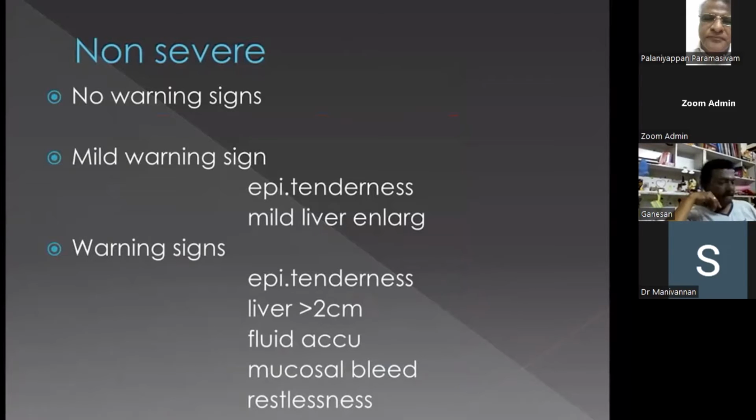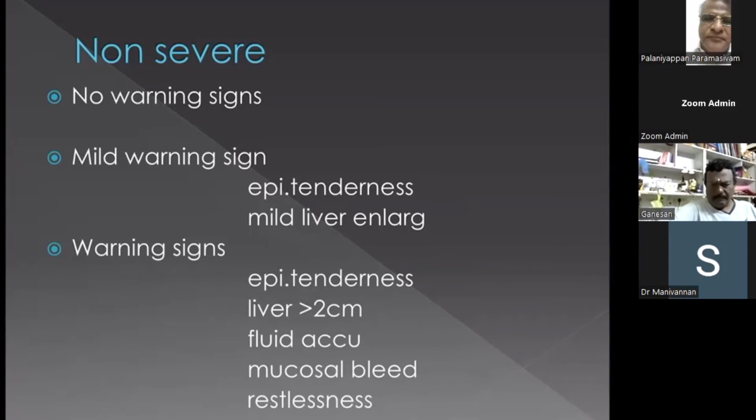Another category is dengue with mild warning signs like epigastric tenderness and minimal liver enlargement. Sometimes they'll have severe classical warning signs. So if the child presents with warning signs, it needs admission and close monitoring.